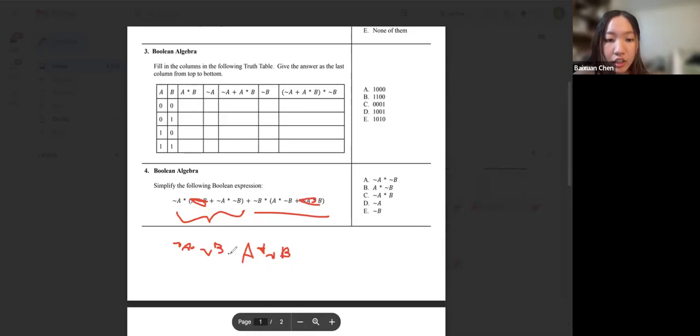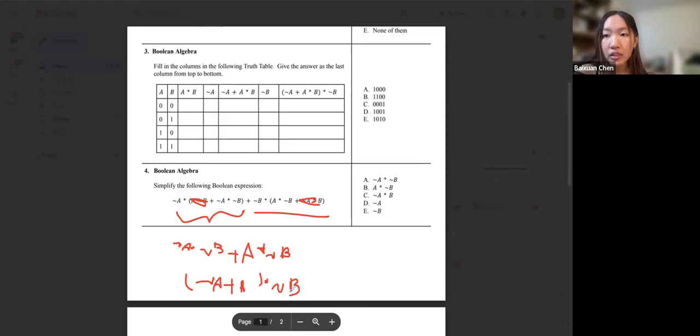Because you have not A times not B plus A times not B, it turns into not A plus A times not B. And this can be further simplified because not A plus A is always 1.